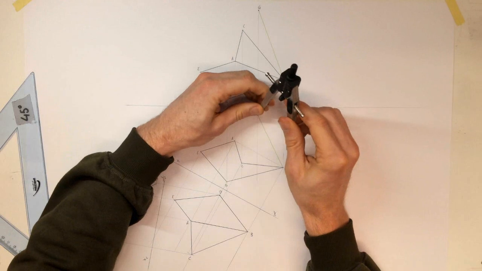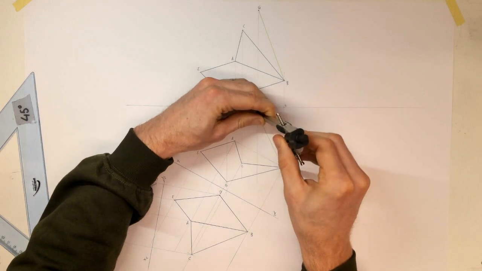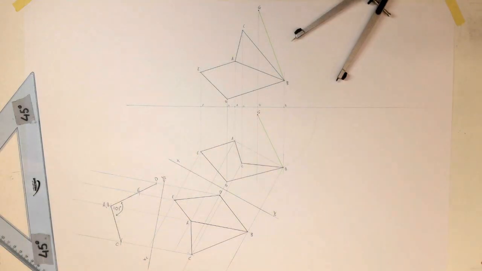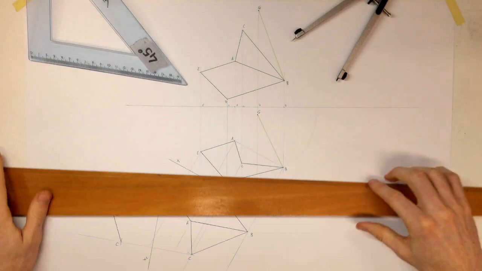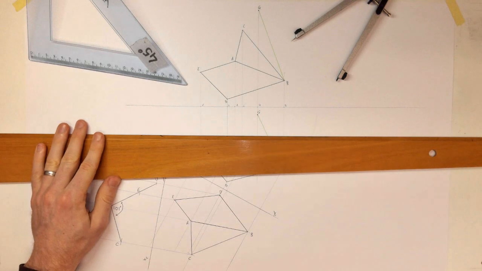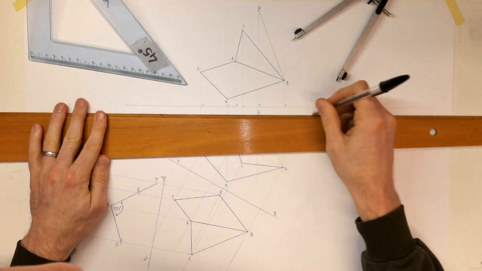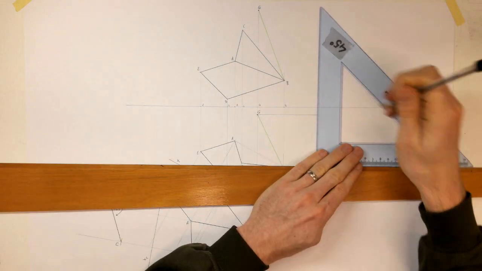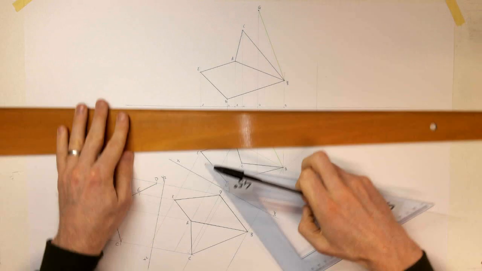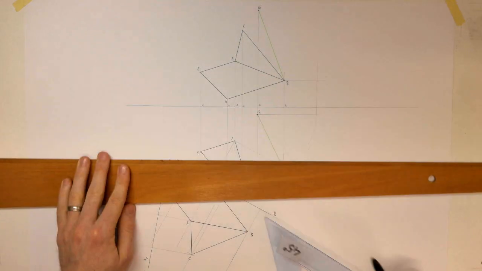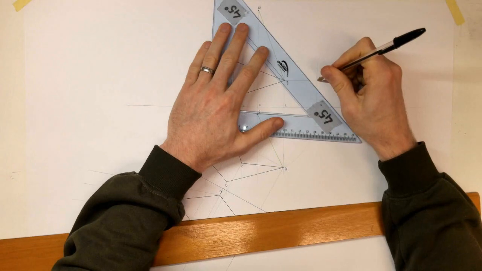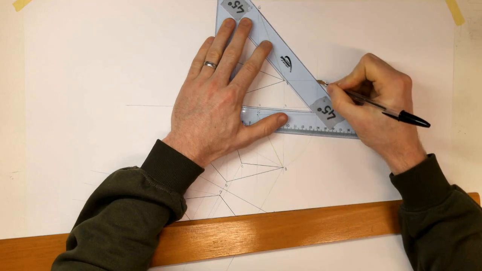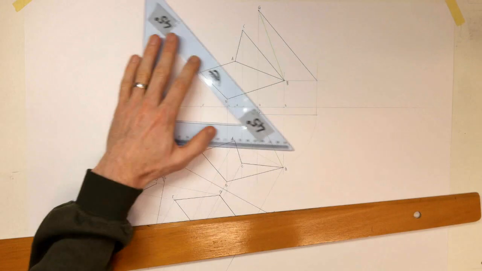G to B. B won't change its level, so that is the true length.